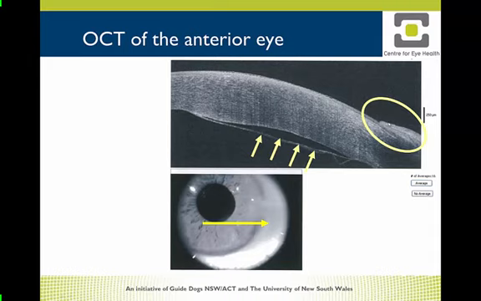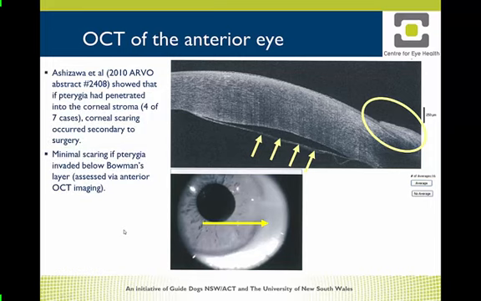But you can see in this image why this region here is edematous, and that's because there's been endothelial detachment in this patient, leading to swelling of the cornea compared to the normal where the endothelium is attached. So then the surgeon has sufficient information to deal with this edema as well as the pterygium.